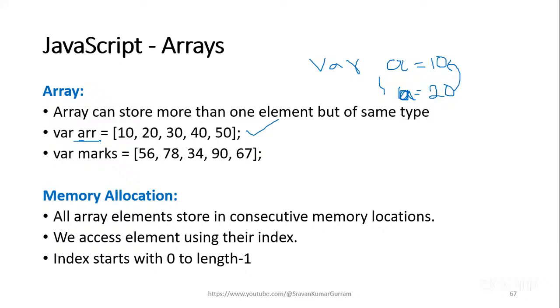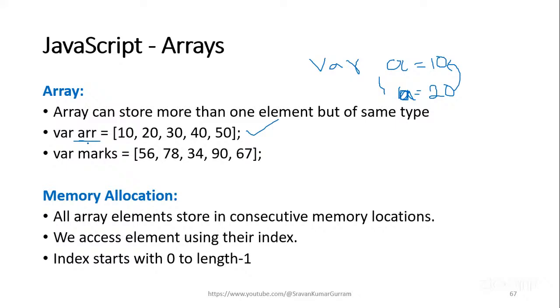Identifier rules mean that the variable should not have spaces, should not use any keyword name, should not use any special symbols, and should not start with a number. You must follow these rules. By following them, you can give any name to your array, but giving an appropriate name depending on the context is suggested.